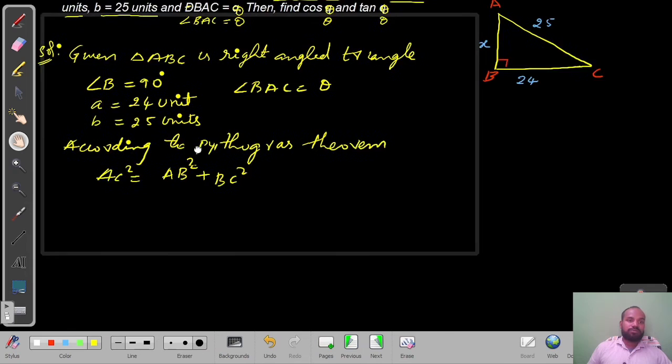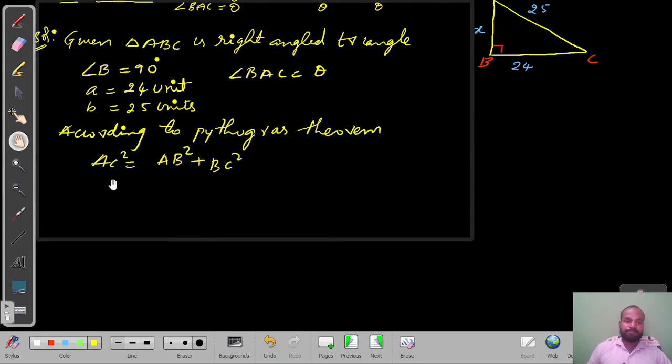Now we should find it out. What is AC given here? AC is 25, so 25 square. What is AB here? AB is x square, plus BC is 24 square. I am just writing the values and keeping the square as it is.